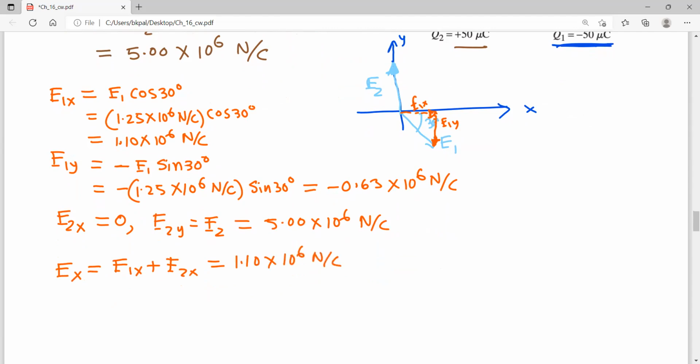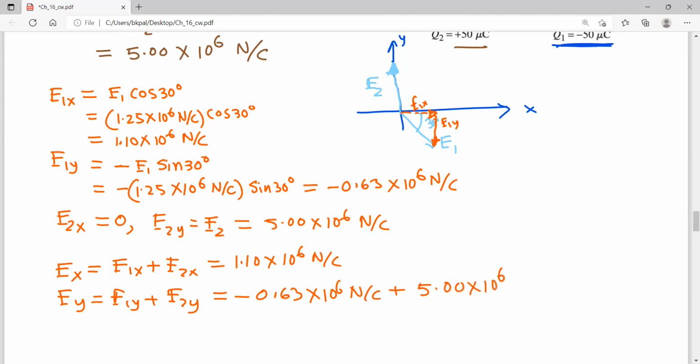And Ey will be E1y plus E2y, so negative 0.63 times 10 to the power 6 newton per coulomb plus 5 times 10 to the power 6 newton per coulomb, and that is equal to 4.4 times 10 to the power 6 newton per coulomb.